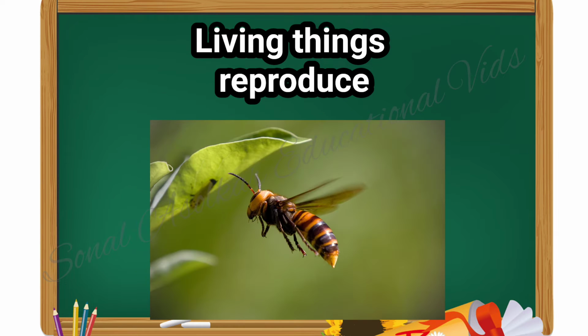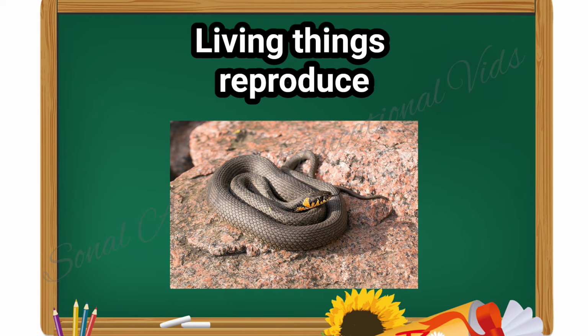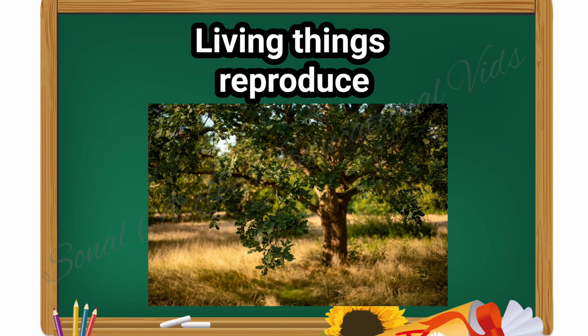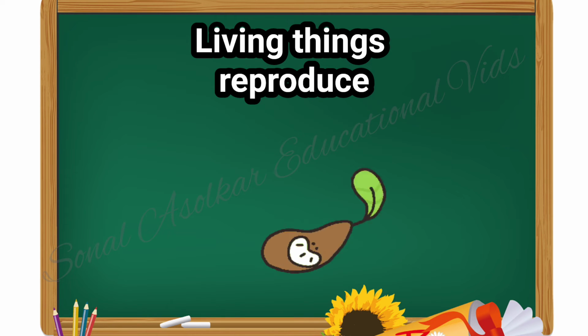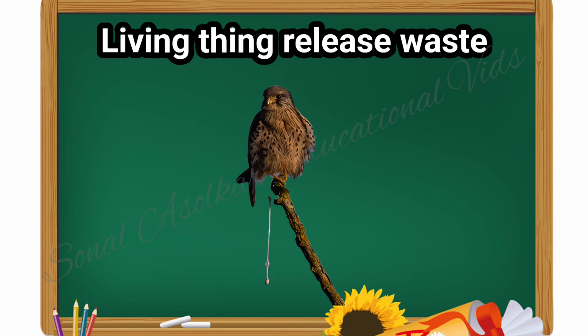Birds, insects, fish, crocodiles, and snakes lay eggs. After some time, their young ones hatch out of the eggs. Most plants reproduce from seeds. Seeds are formed inside the fruit of the plant. Non-living things cannot reproduce.